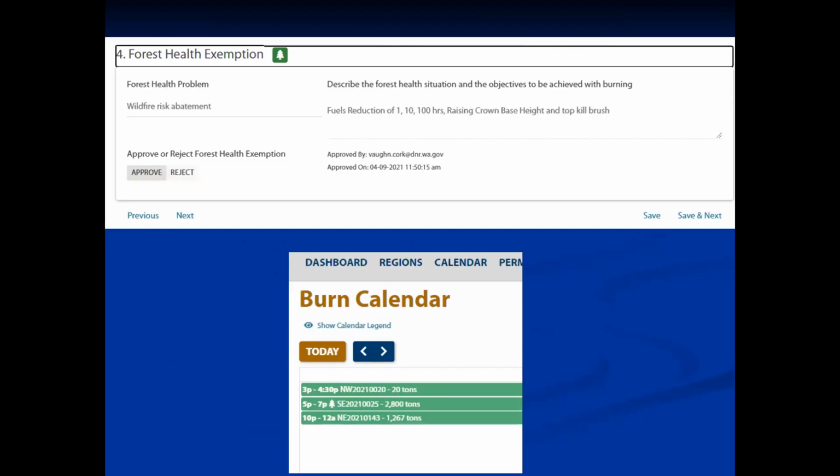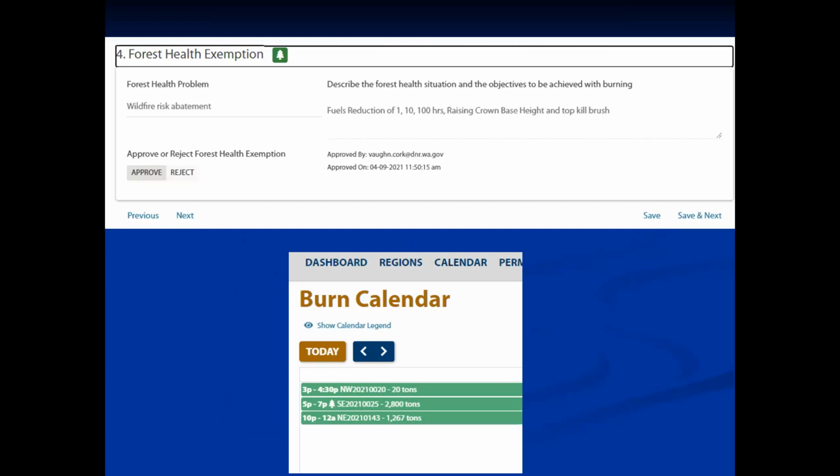Let's see, Fed specific, we don't need to do that, because we're talking about forest health type burning and forest health improvements to your property, stuff like that. There is an option in here for forest health exemption.